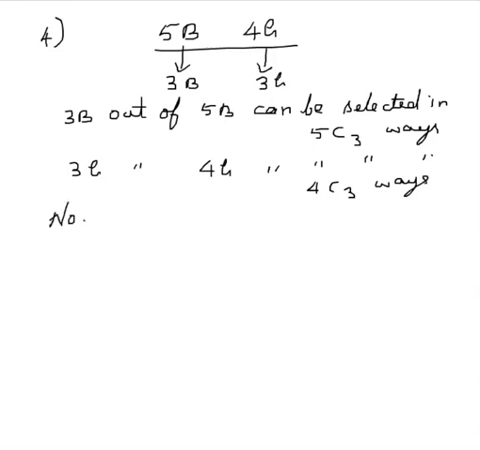Therefore, total number of ways of selection is equal to 5C3 times 4C3. Why do we multiply here? Because we need to select 3 boys as well as 3 girls, and so we need to multiply. Let us simplify this using the NCERT formula.